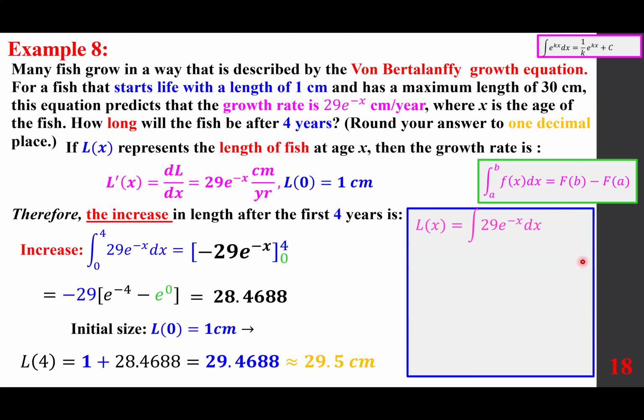And it's an initial value problem because L of 0 is given, which means I can use this to find the missing constant. This is a family of functions. With this one, I get one particular function.